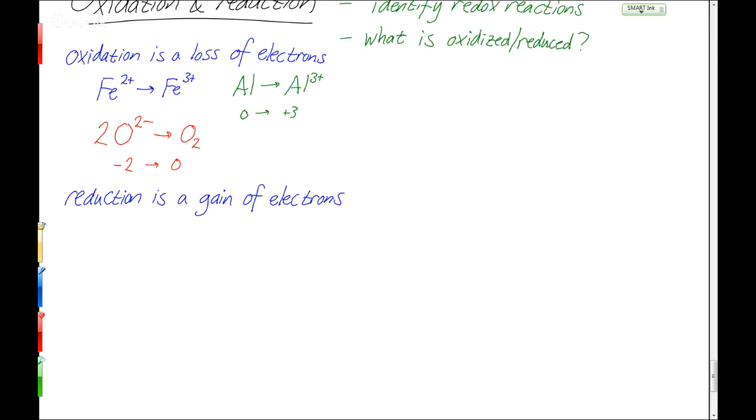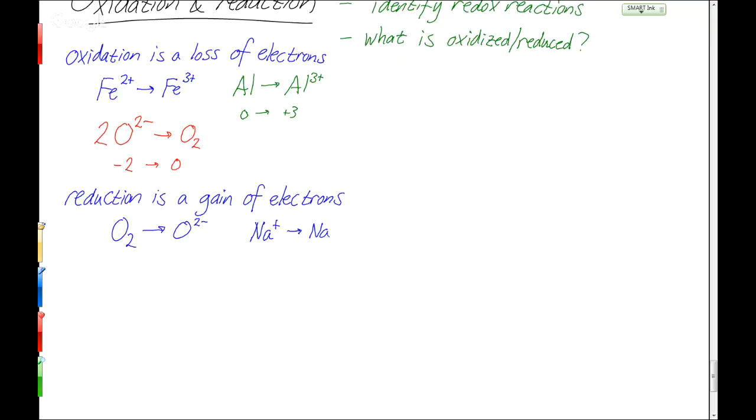So that could be something like the opposite, where O2 oxygen becomes oxide. Right. That could be something like sodium plus becoming sodium metal. Unlikely, but that happens.